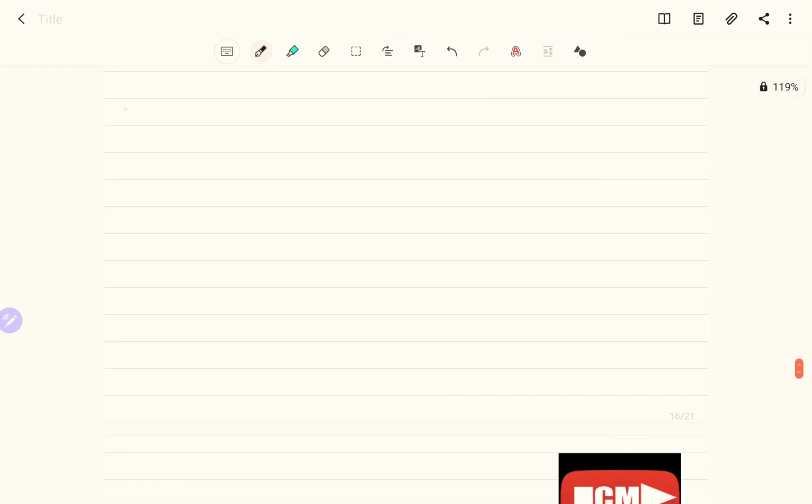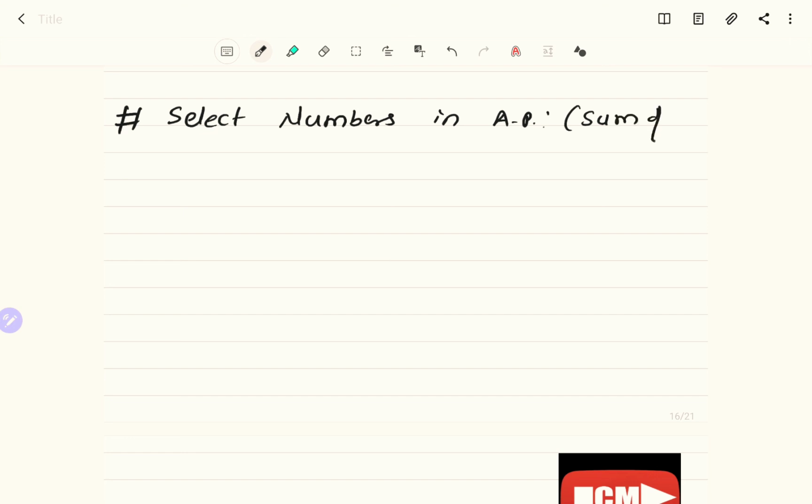This is just a brief revision of that, and a few important tricky things in arithmetic progression that you know: how to select numbers in AP, how to select numbers in arithmetic progression. If the sum is given, so let's say they provided you the sum of the numbers.